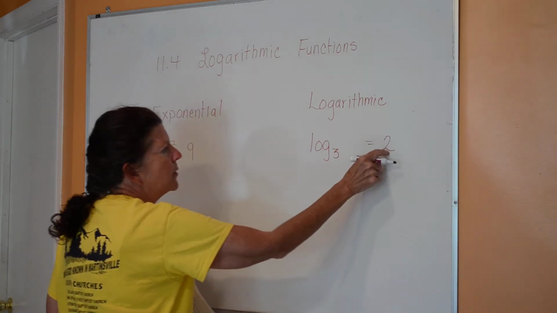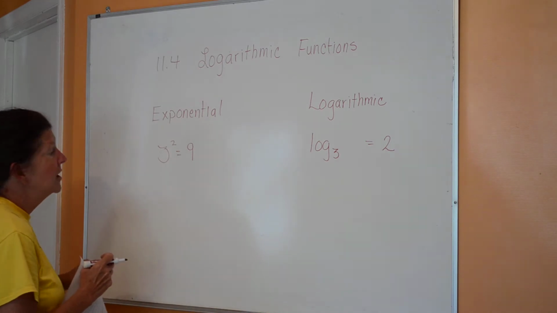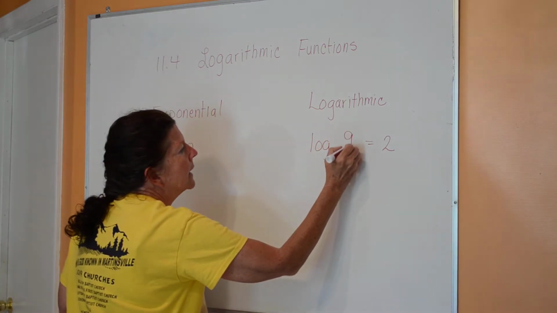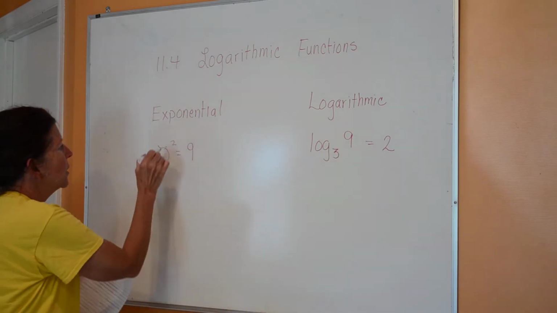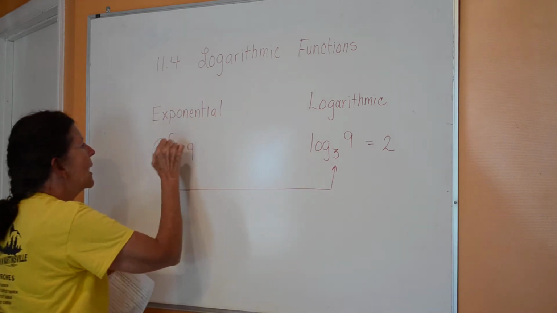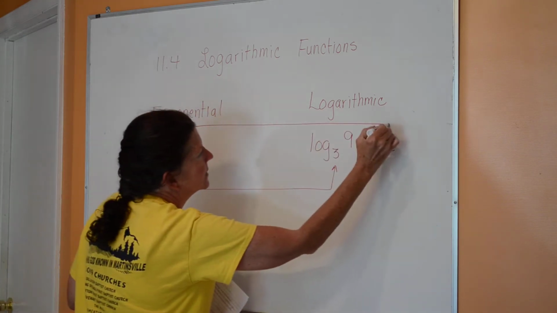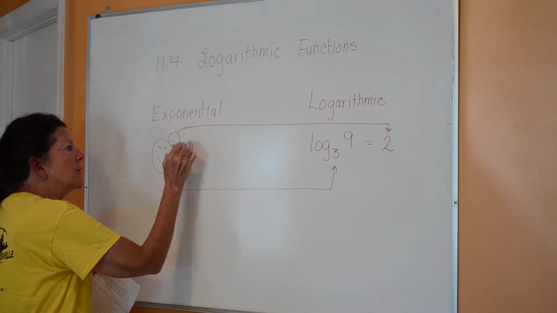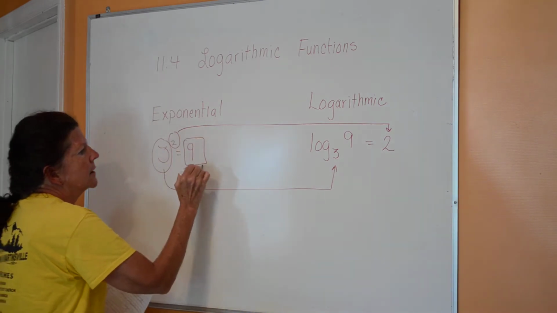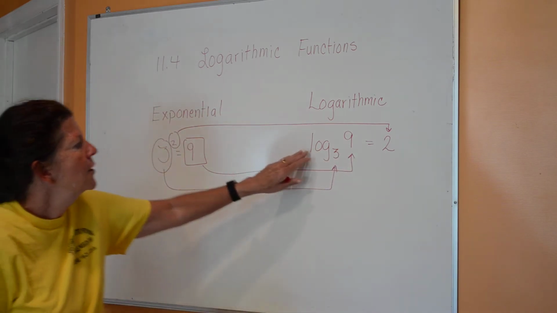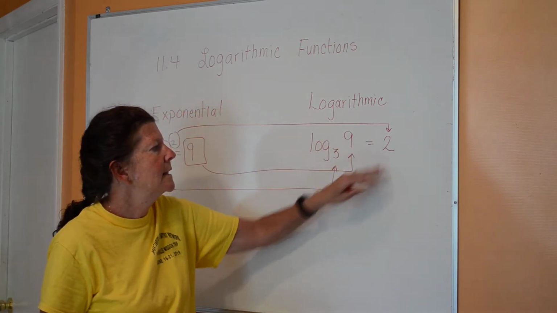So the exponent is what a logarithmic function is equal to, and what your exponential function is equal to goes beside your log. So this reads: the log of base 3 of 9 is equal to 2.